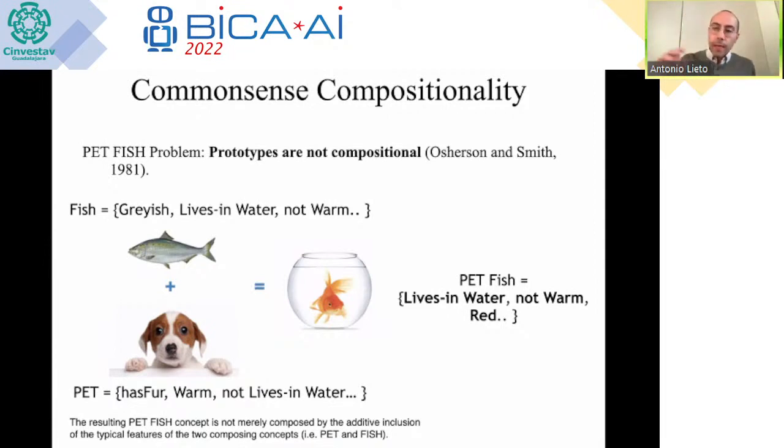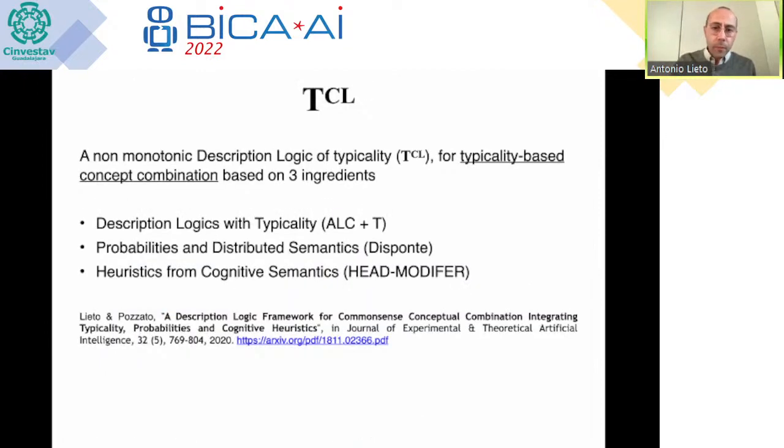So the entire common sense reasoning framework that we developed a couple of years ago with Gianluca Pozzato was aiming at solving this pet fish problem, at having human-like concept composition.